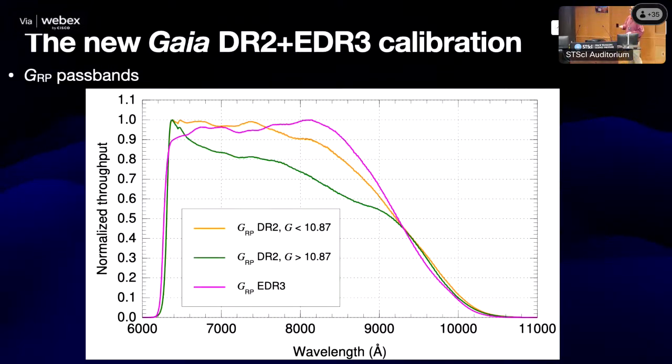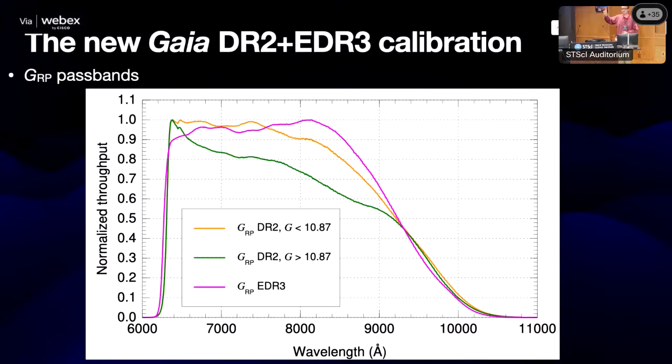When you do RP, and now compare the EDR3 with the green one, which are the faint ones, you can see there is a significant difference. This means that if you do RP2 minus RP3, you get a color. So there is astrophysical information in there.